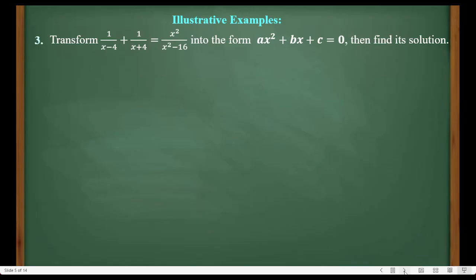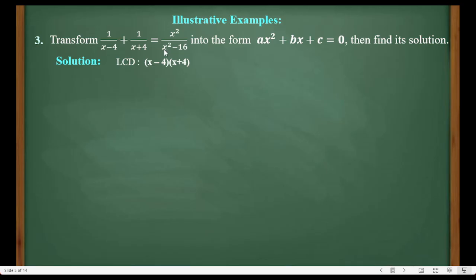So basically, you just recall what you have learned about the least common multiple. So in this case, the LCD is quantity x minus 4 times quantity x plus 4. So basically, we just look at the first two denominators, we get their product, and that is the LCD.